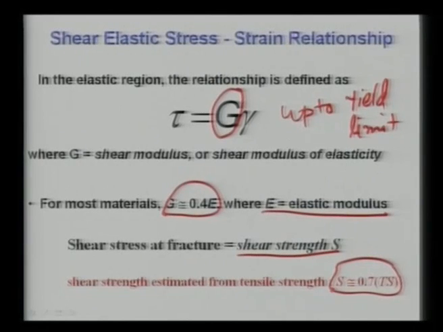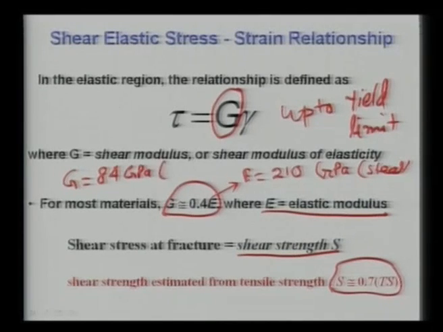If you know the elastic modulus of a material, for example the elastic modulus of steel, which is 210 gigapascal, then the G value would be roughly around 84 gigapascal. This 84 gigapascal is calculated from G equals 0.4 E. Now, the tensile strength of a typical steel material.